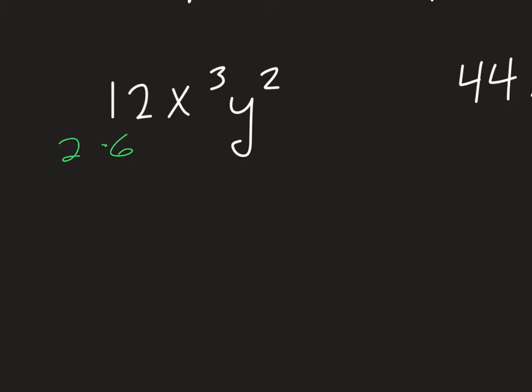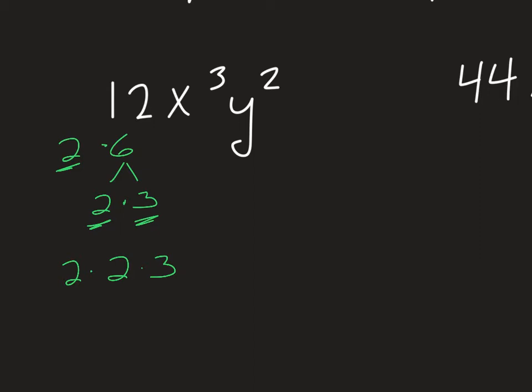Now I'll turn my attention to the 6, but I know I can factor the 6 further, because I can multiply 2 times 3 to get 6. So now I have a 2, a 2, and a 3. Those are all prime numbers, so that's the fully factored version of 12: 2 times 2 times 3.